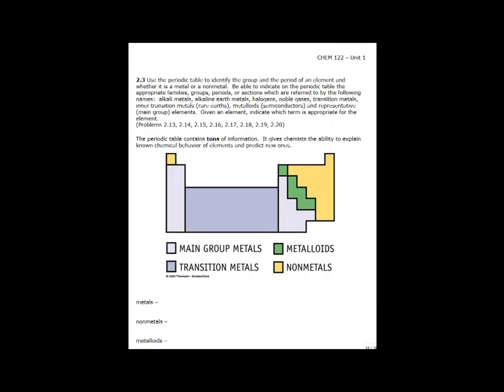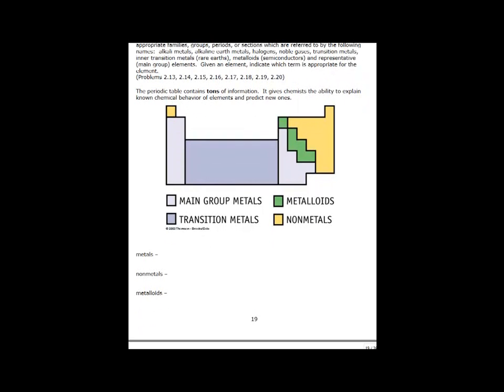So, the nice thing about the periodic table is it gives chemists the ability to explain chemical behavior. So the way they're arranged, there's a reason that the elements are arranged this way. So if you look on this periodic table that I have here, mine's in color, I don't believe that yours is, there are 3 categories of elements. They either fit into metals, nonmetals, or metalloids.